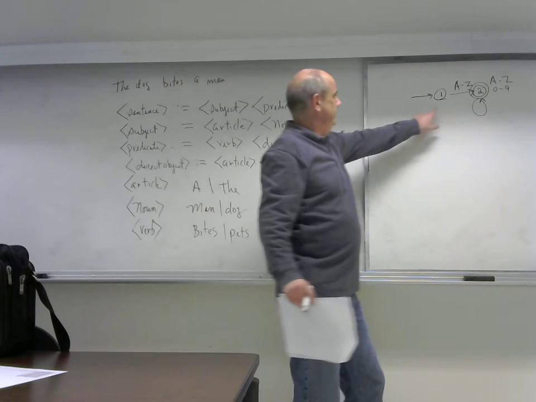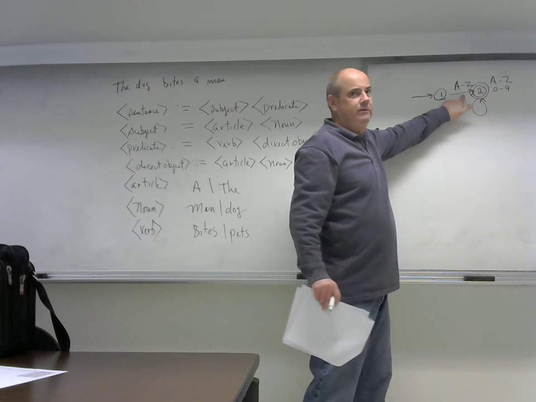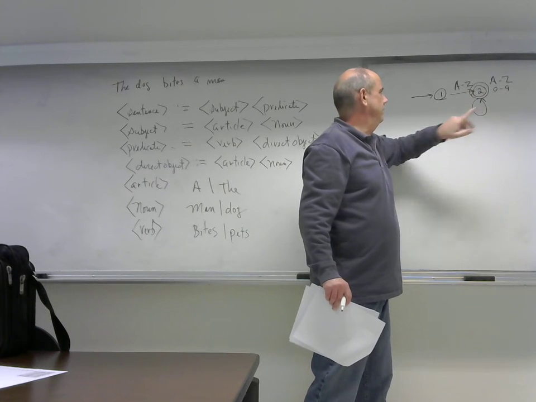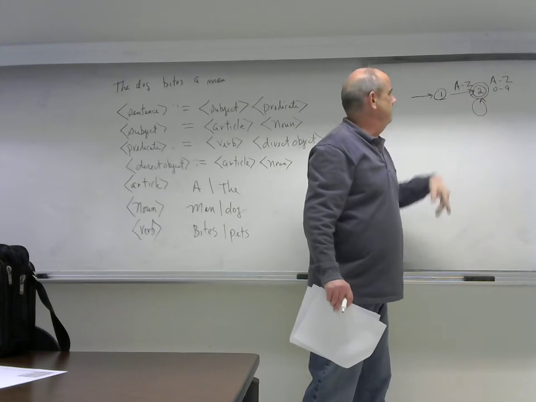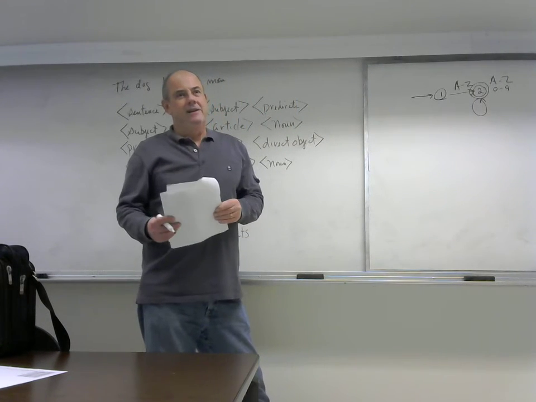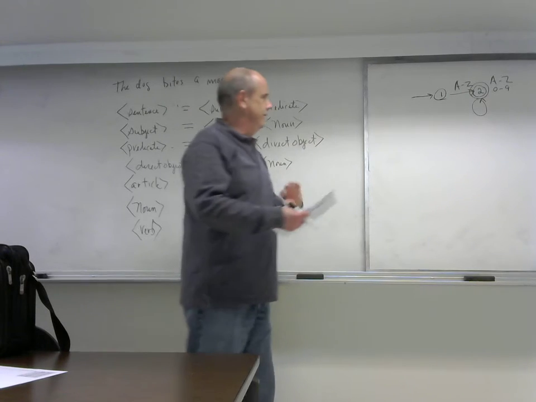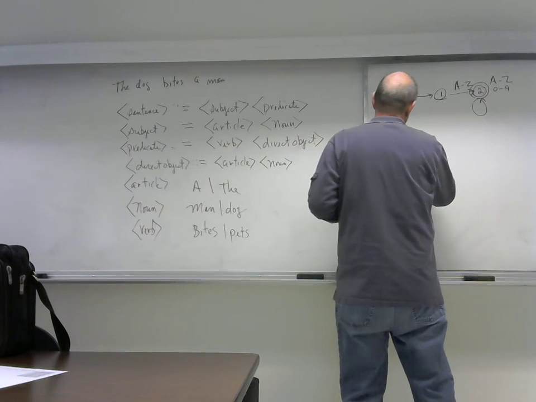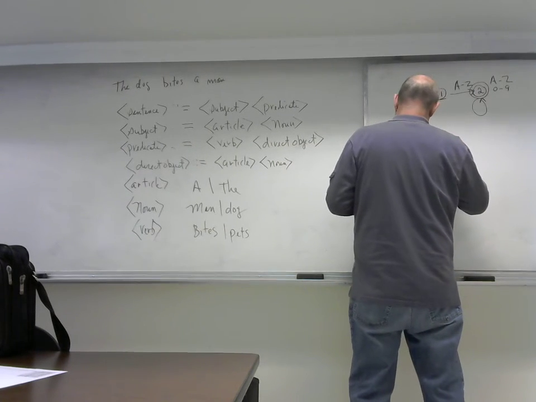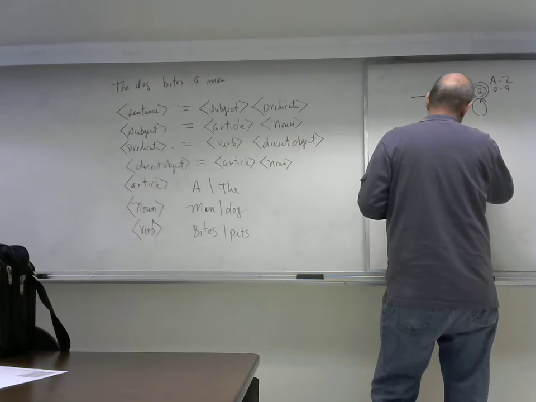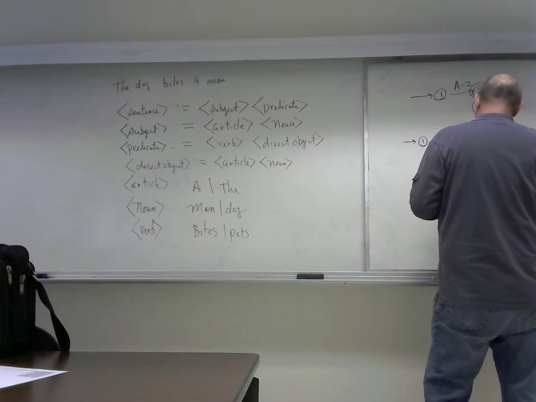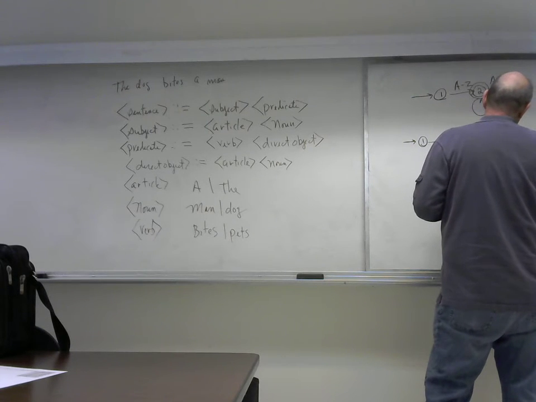So as you enter, the only thing you can have is A through Z. But once you're there, you go to state 2, and 2 is either terminal, or you can loop back around and have A through Z, 0 through 9. So I'll write another one here, and let's look at it. Go to 1, and 1 goes to 2, 2 goes to 3, 4, which is the terminal.